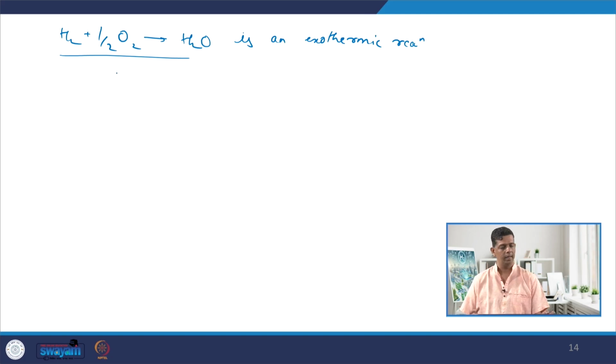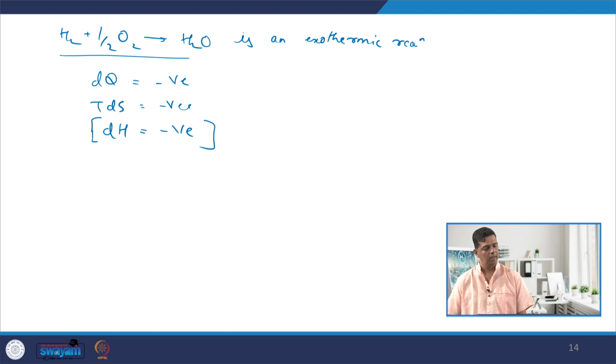It will release the heat along with the other byproducts. So since this is an exothermic reaction, it will release the heat. So we can write this dQ, for this type of reaction, is negative, right? So since dQ is negative, we can also write TdS is negative, and in other words your dH, that is change in the enthalpy, is also negative.